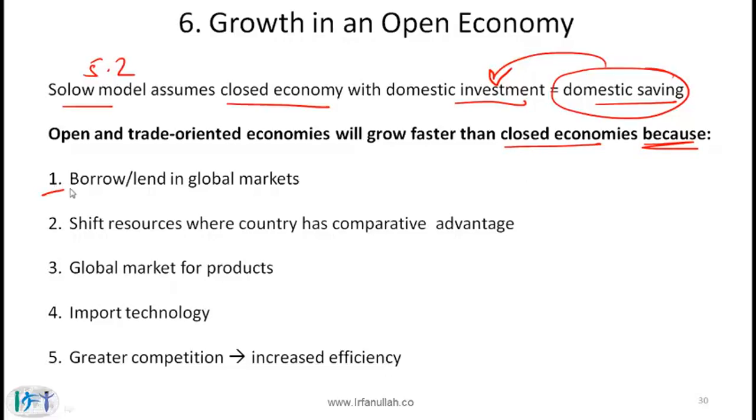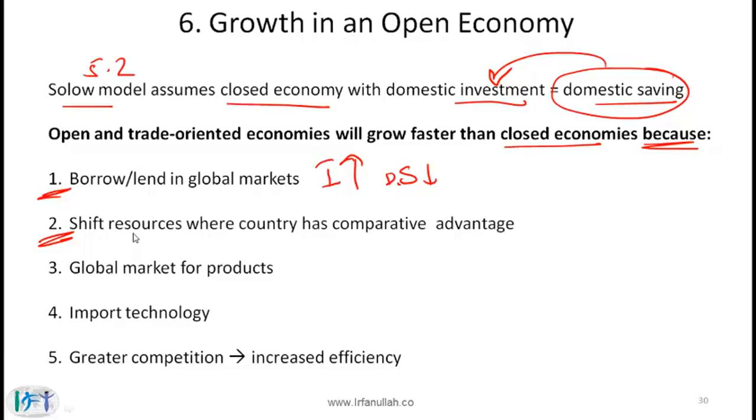First point is that open economies can borrow and lend in the global markets. So if the investment opportunity is relatively high, but domestic savings are low, money can be borrowed from international markets. So essentially then investment is not constrained by domestic savings. The second point is that in an open economy, resources will automatically be used more efficiently.